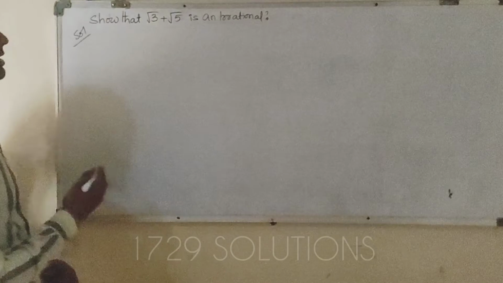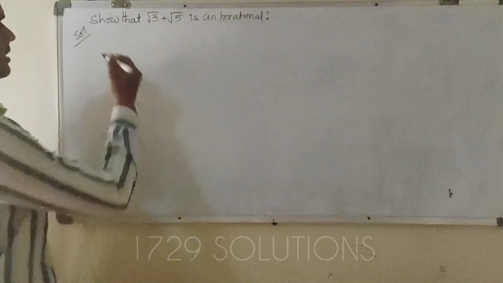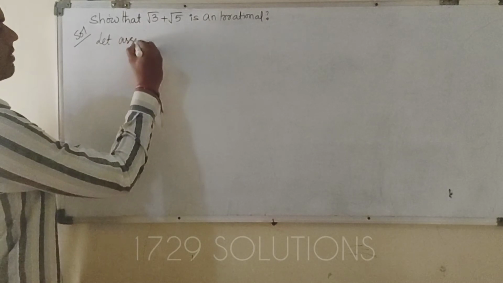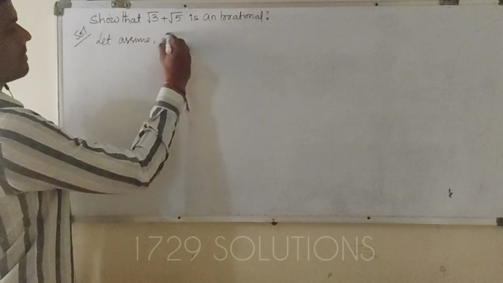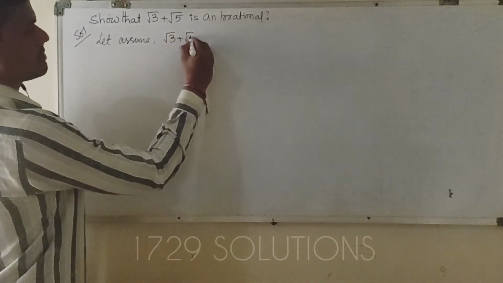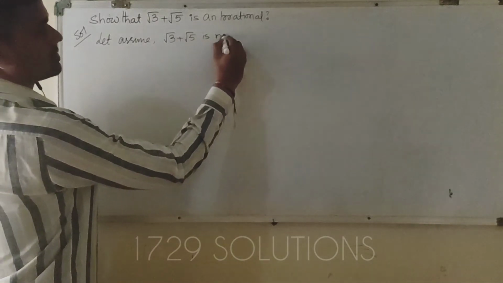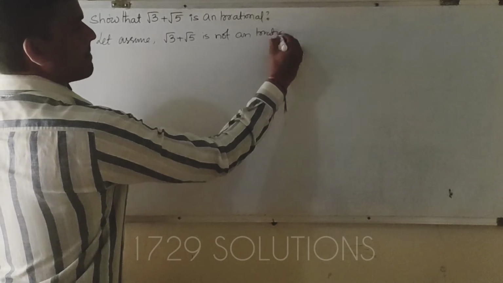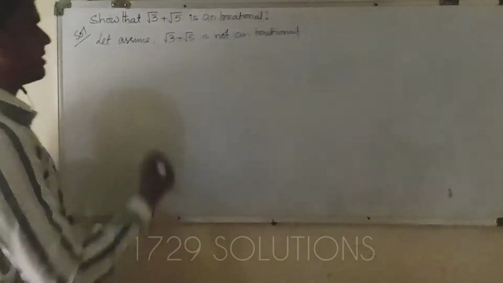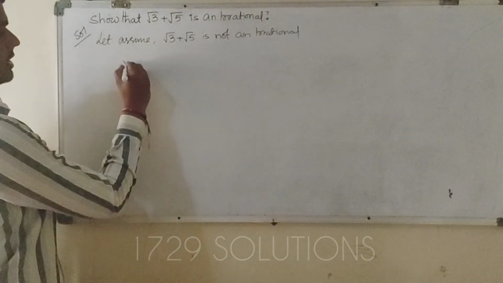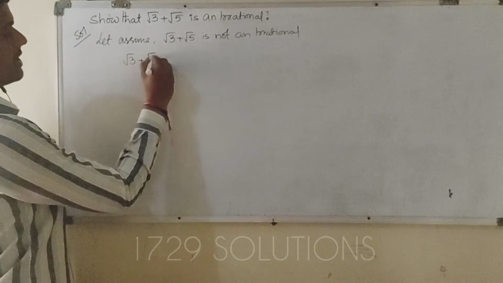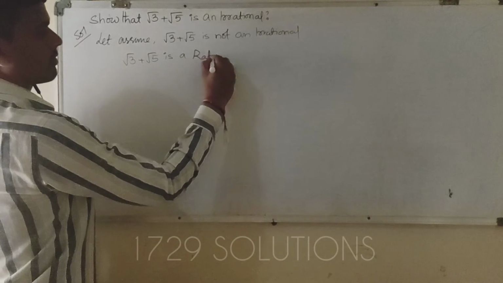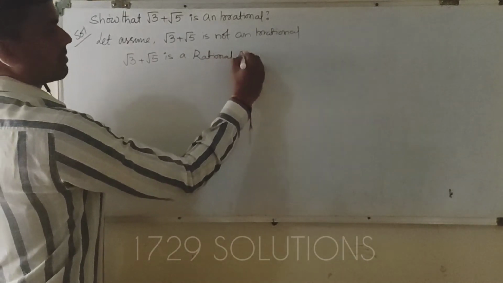So we already know the first three steps. Let us assume, this is an indirect method, that root 3 plus root 5 is not an irrational number. If it is not an irrational number, what can you say? Root 3 plus root 5 is a rational number.